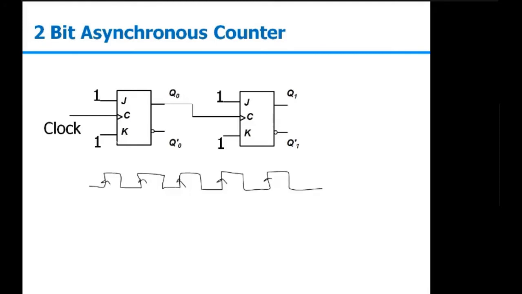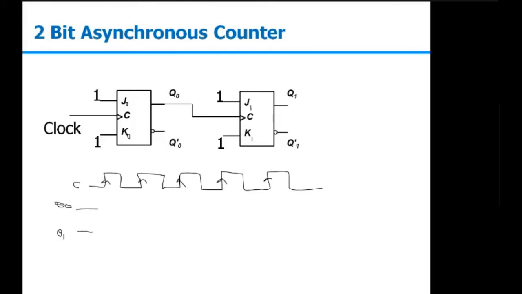JK is 1, so this will be my J0 K0, and this will be my J1 K1. All are equal to 1, or you can say we are using a toggle flip-flop. So we are using this JK flip-flop in toggle mode. Initially my Q0 and Q1 are both 0. Both are in the reset condition. You can assume any condition, but right now I am considering them as the reset condition.